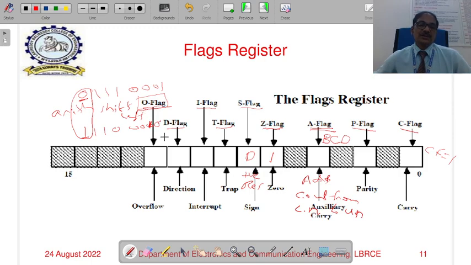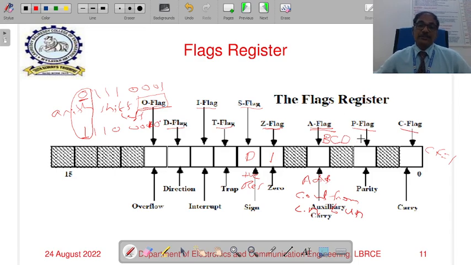So these flags are called status flags or condition flags because they can be used as conditions. If there is overflow, do something, otherwise do something else. Likewise, jump on carry, jump on no carry, where the carry flag is used as a condition.